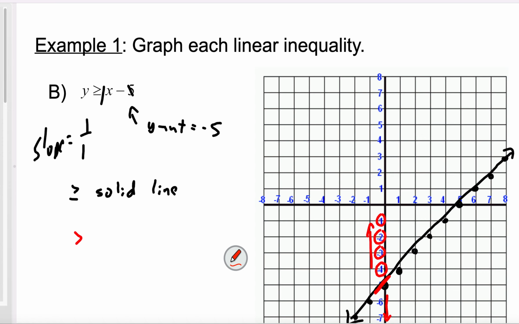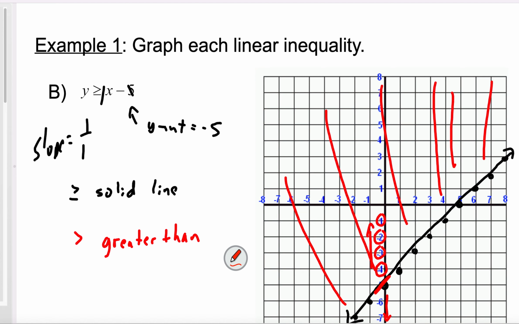We want the larger values because this is the greater than symbol. So since these values are greater than, we want this side of the line. Or some people like to think about it as being above the line, so we want to shade that in. I'll write that down: shade above the line.